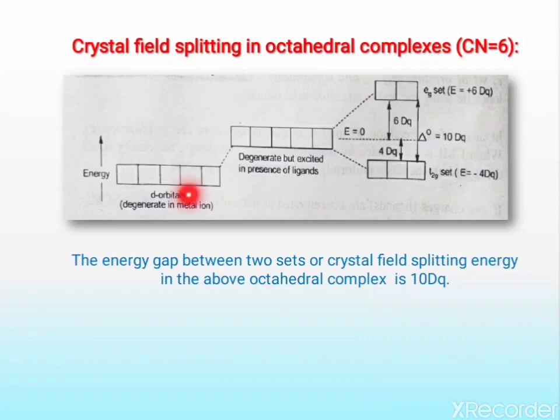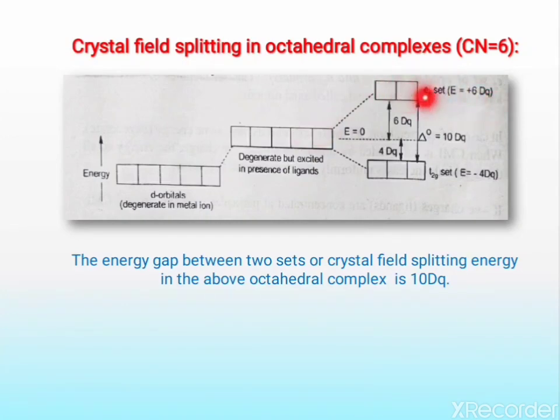You see in this diagram, these are the d orbitals in the free metal ion. These are the degenerate d orbitals in the excited state. When ligands approach the central metal ion, what happens? The Eg set of orbitals experiences more repulsion from the ligand field. That's why their energy increases.